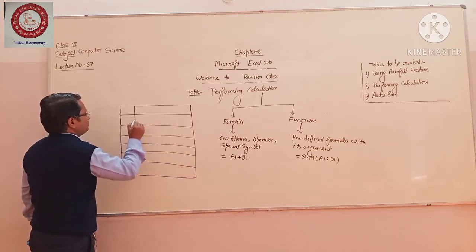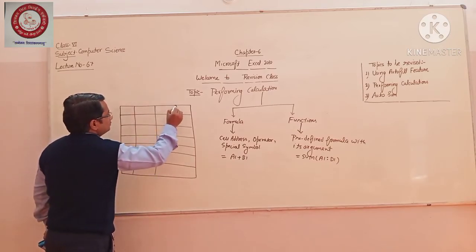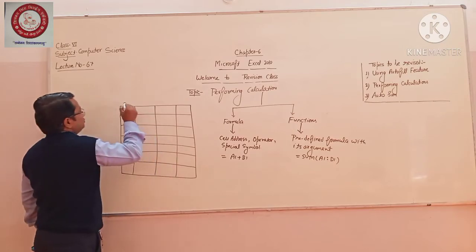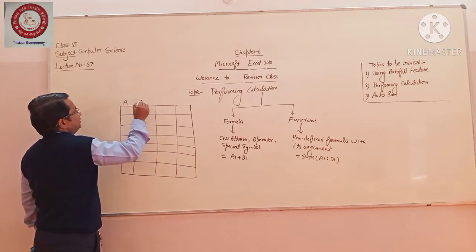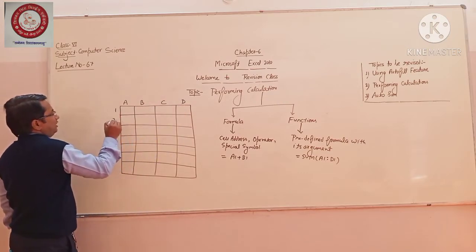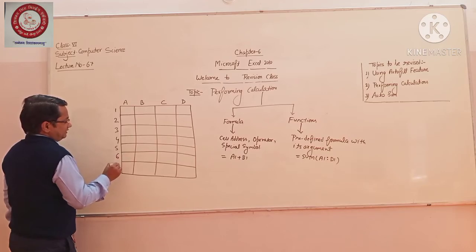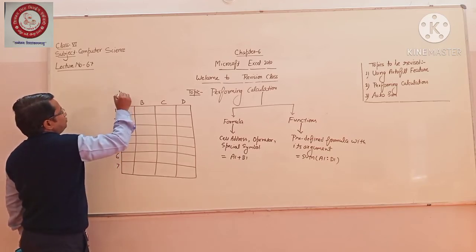Let's make some columns also. Okay, so right now this is A, this is B, this is C, this is D. 1, 2, 3, 4, 5, 6, 7, and this is your worksheet.